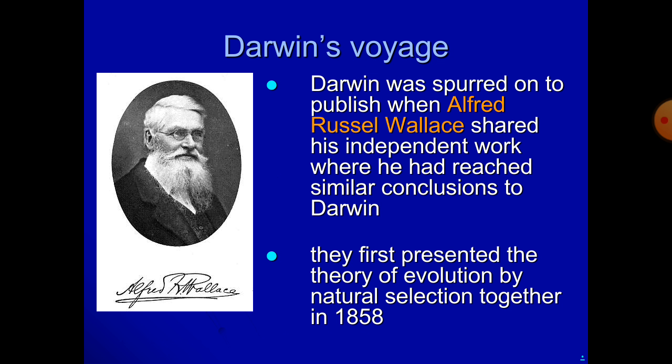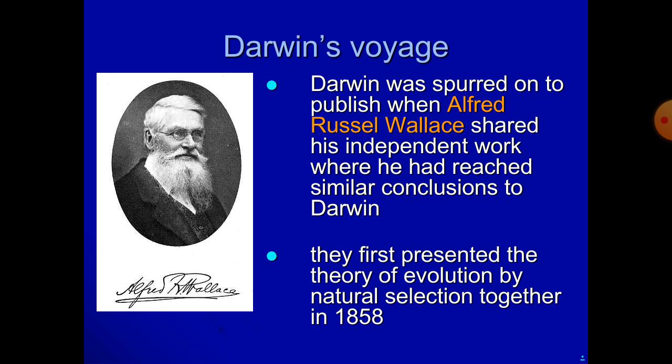Even though Charles Darwin had his voyage on the HMS Beagle, and Alfred Russel Wallace had his voyage in a different scenario, both of them, together but separately, had the same explanation and the same conclusion to the theory of evolution.